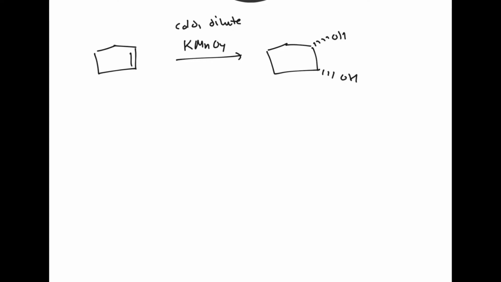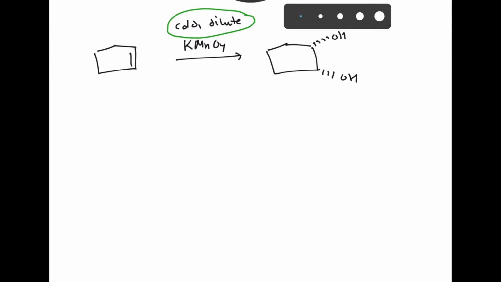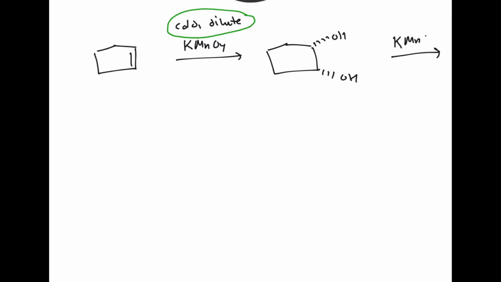Now, the reactions we've been doing illustrate why we always have to specify that to make a vicinal diol, KMnO4 needs to be cold and dilute, right? What happens if you take this vicinal diol and you add KMnO4 to it, right?